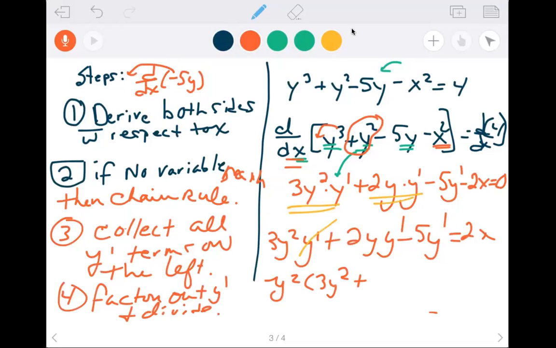And then I'll take it out of the next term, leaving a 2y. I'll factor it out of the third term, leaving a minus 5 is equal to 2x. So now to isolate the y prime, I would just divide both sides by 3y squared plus 2y minus 5.